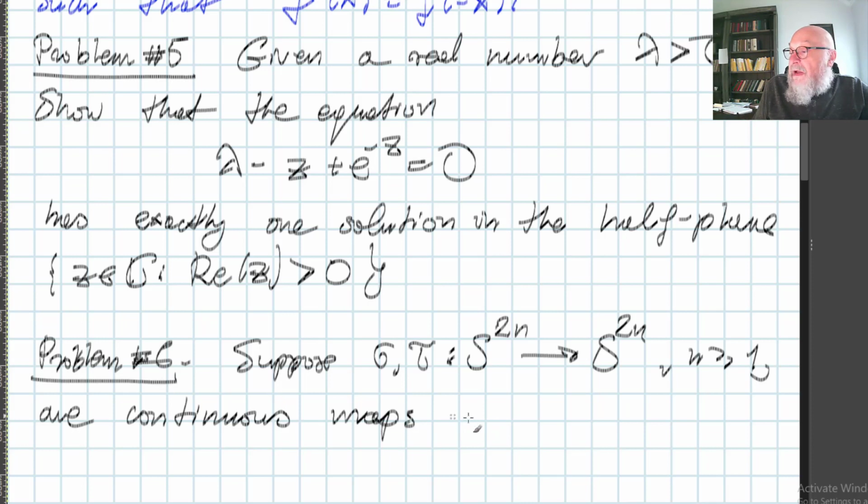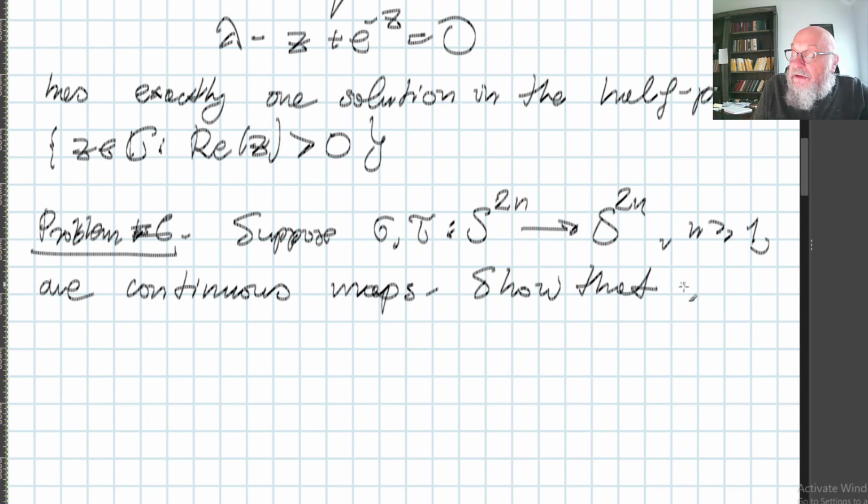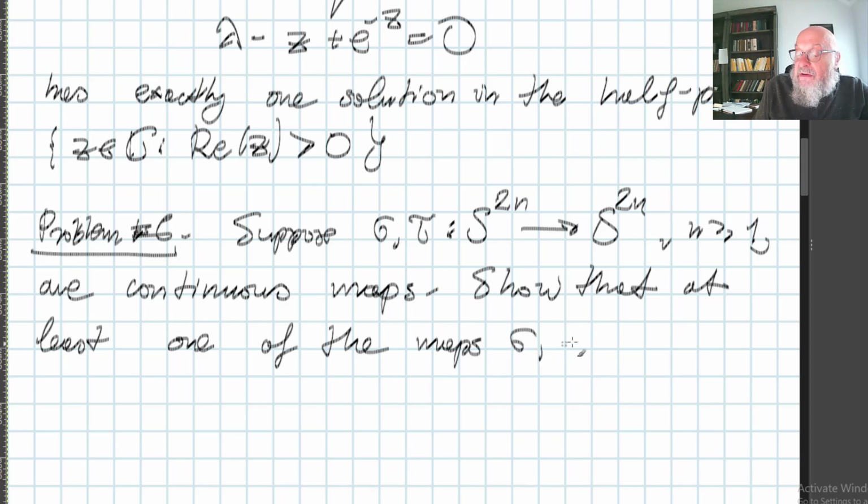Show that at least one of the maps sigma composed with tau or tau composed with sigma has a fixed point.